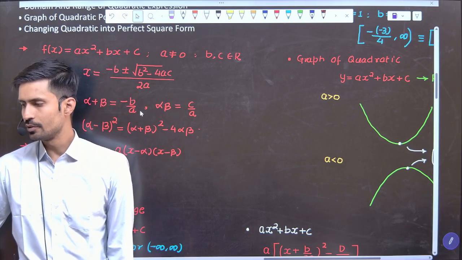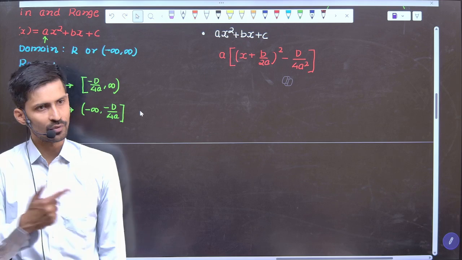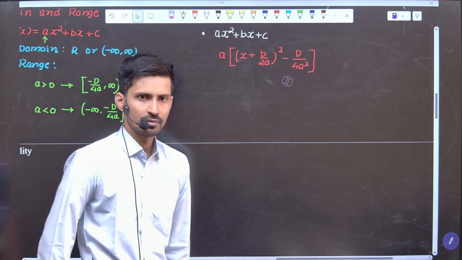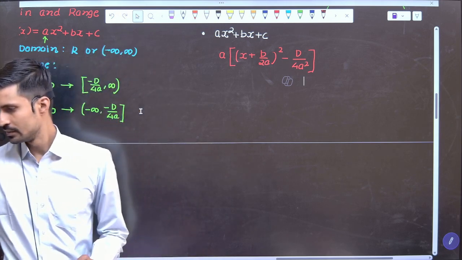Changing quadratic into perfect square form. And write down this part. I will explain from where we got it. Proof I will give you in the last. First I will tell you what is the use of that.